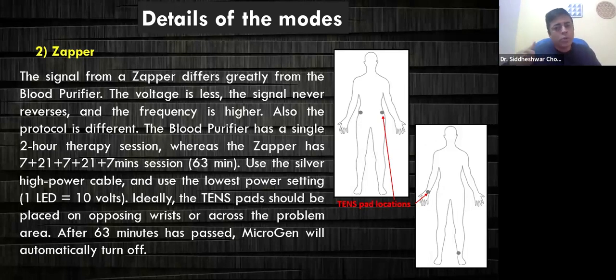The protocol is also different from the blood purifier mode, where you use a 2-hour therapy session per day. In this case, the Hulda Clark zapper works in this fashion.